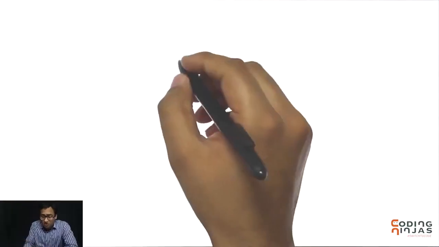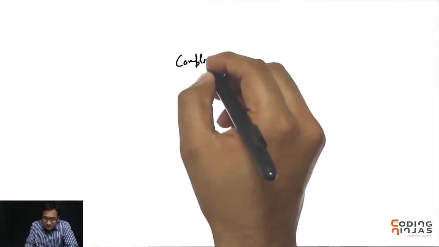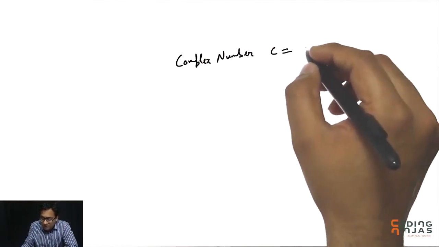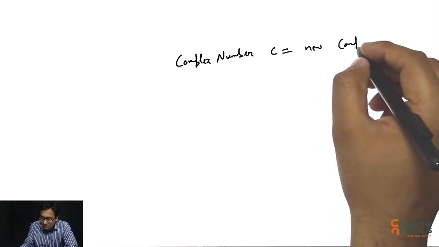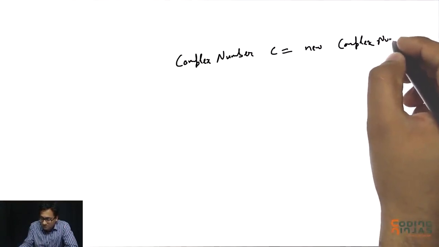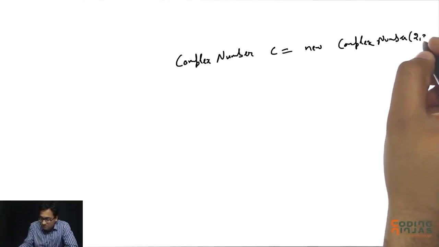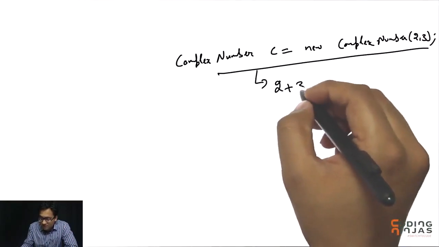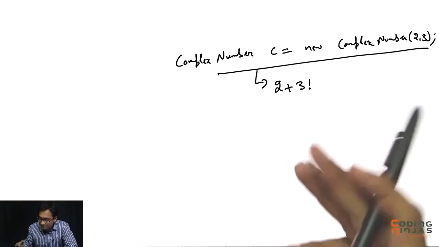जैसे मैंने fraction बनाया था, ऐसे ही तुम्हें complex number बनाना है. So we need to create a class complex number. So this will effectively represent 2 plus 3 iota.